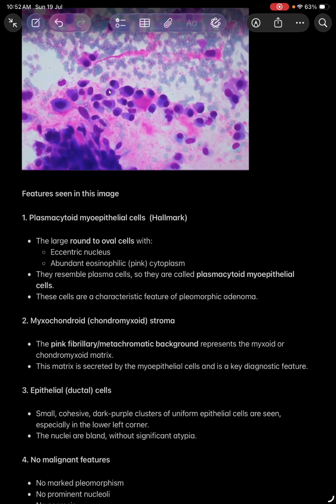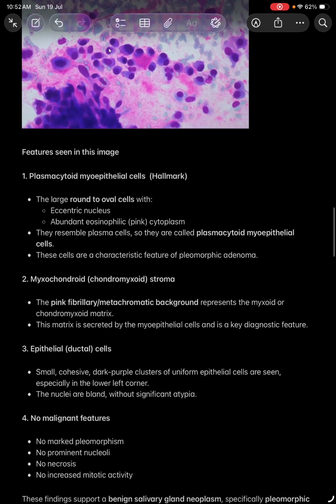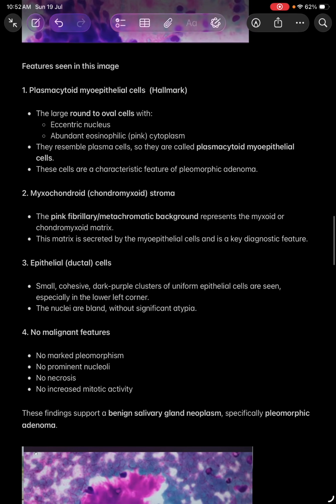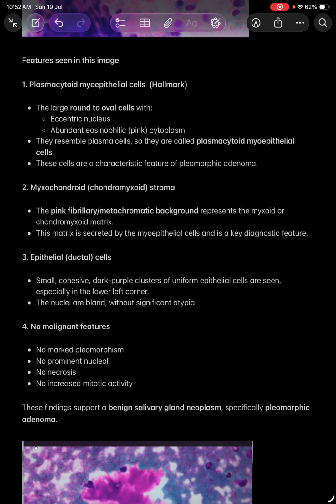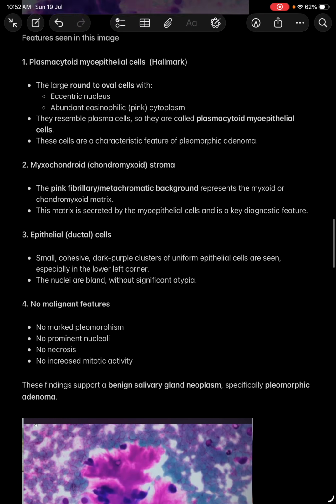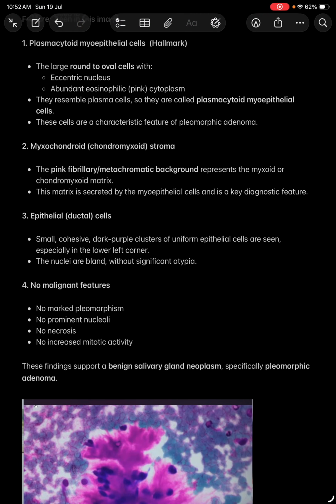The myxoid, chondromyxoid stroma, the pink fibrillary metachromatic background, represents the myxoid or chondromyxoid matrix. The matrix is secreted by the myoepithelial cells and is the key diagnostic feature of pleomorphic adenoma. Epithelial cells, small cohesive dark purple clusters of uniform epithelial cells, are seen especially in the lower left corner.